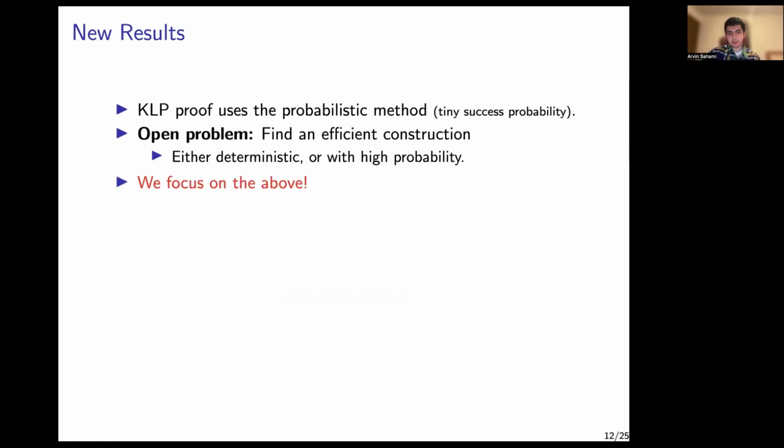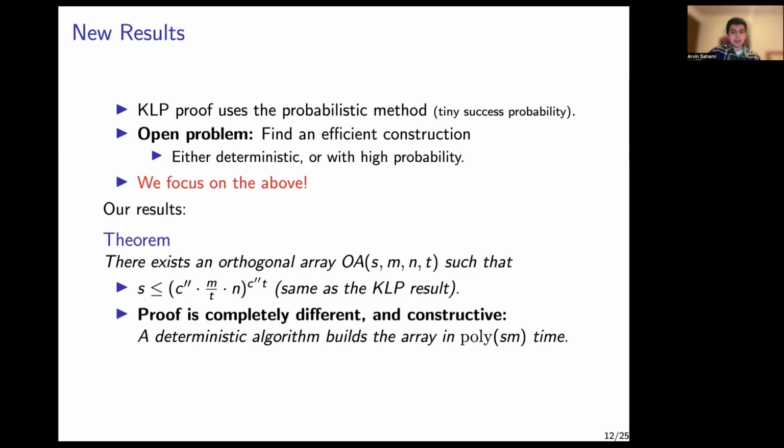This is the problem that we're going to focus on in this video, and the following is our main result. Namely, we can construct orthogonal arrays whose number of rows is a polynomial in the lower bound via a deterministic explicit construction.